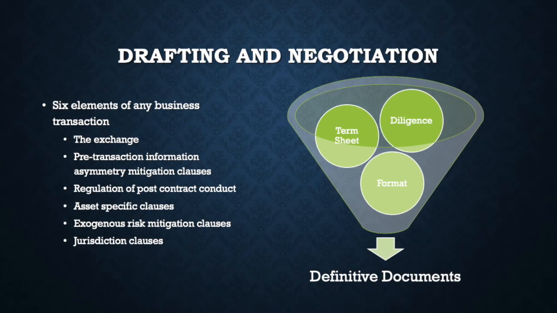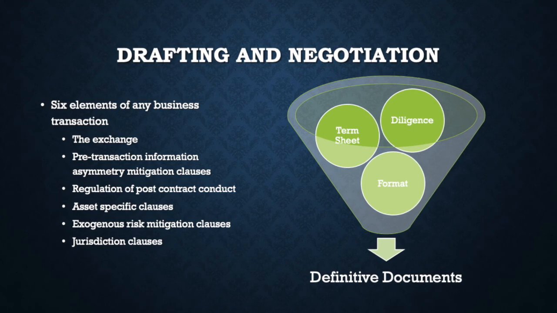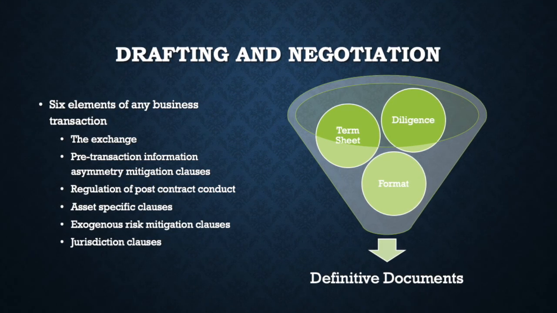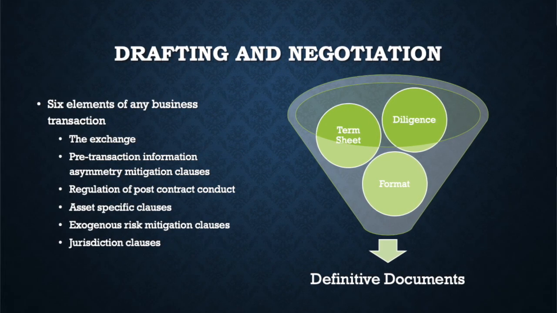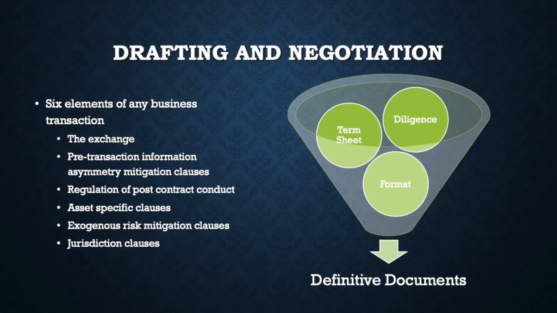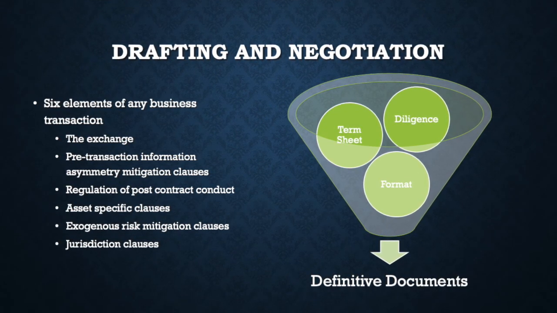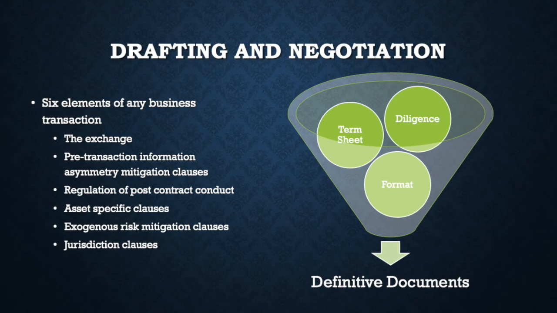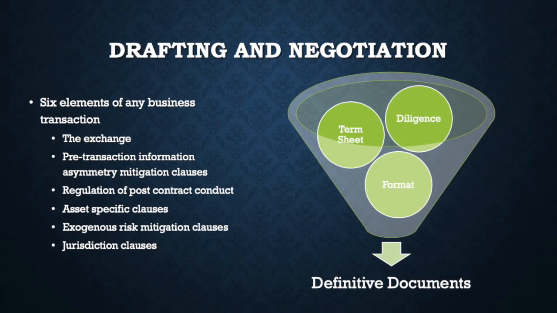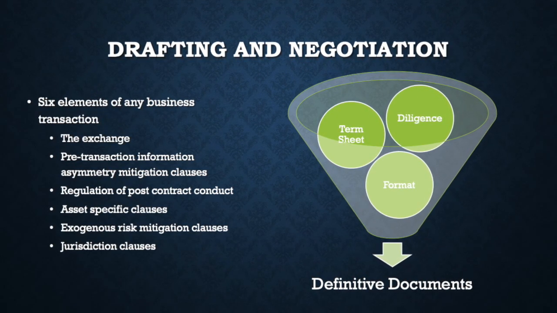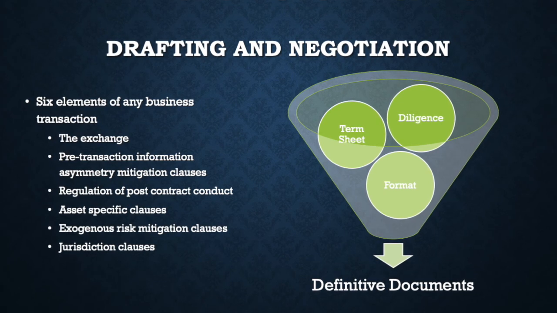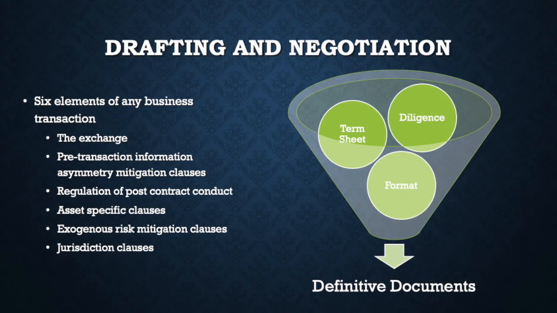Now, in any agreement, no matter how complicated, there seem to be 6 elements. This theory of 6 elements draws heavily from the work of Michael Klausner, a professor at Stanford Law School. I had the opportunity of meeting Professor Klausner many years back, and we discussed this in some detail.